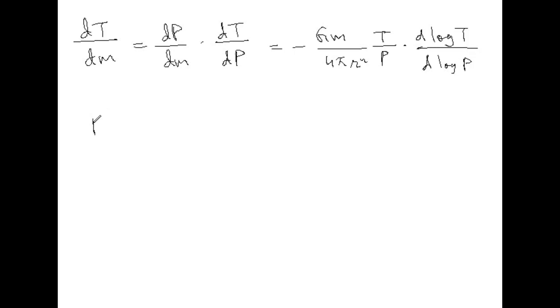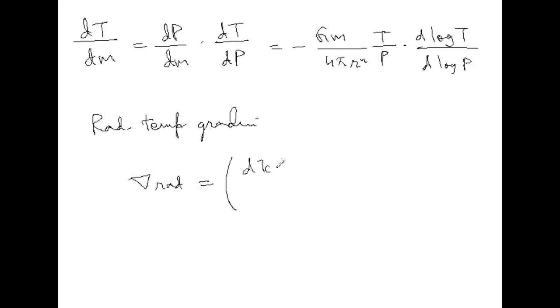so that we can define a dimensionless radiative temperature gradient like this: d log T divided by d log P, radiative.